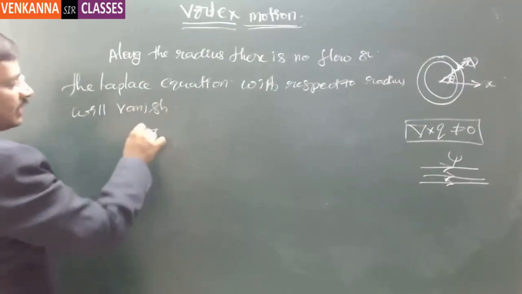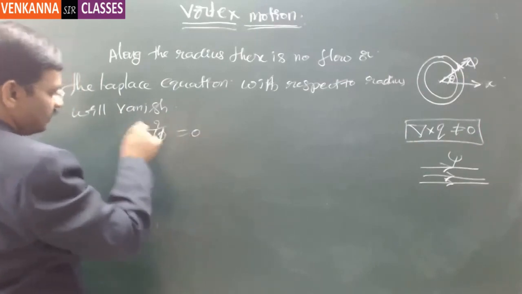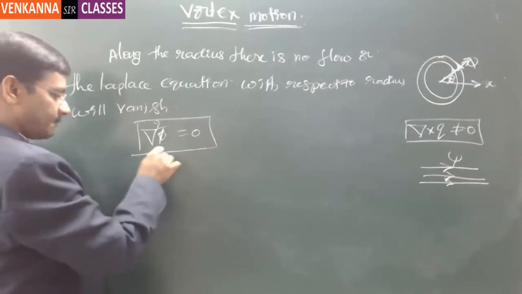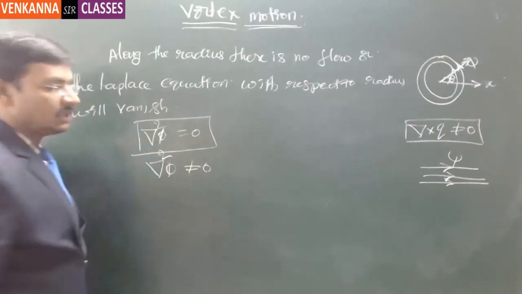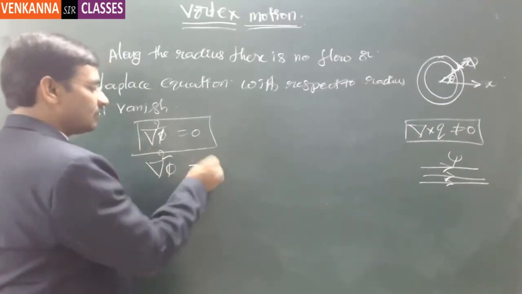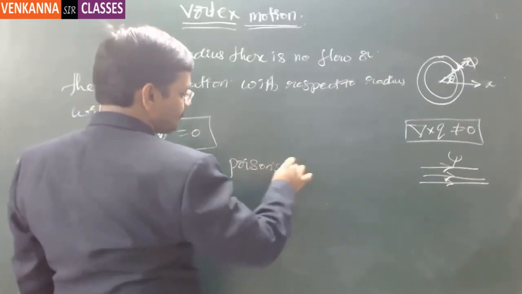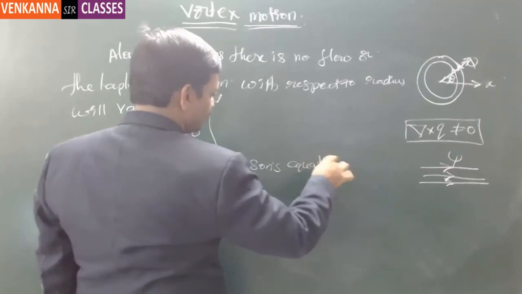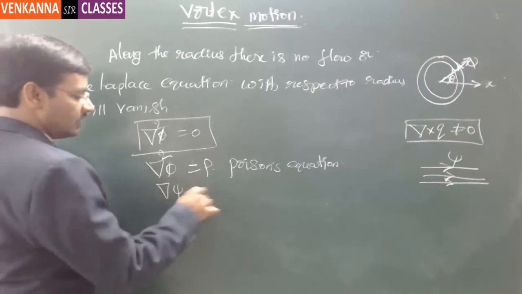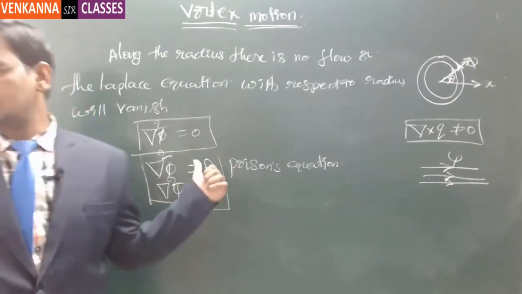Because del square phi is equal to 0 for a potential flow. Similarly, del square phi is not equal to 0 in case of a circular flow, but it should be equal to some constant value. This is what we call the Poisson's equation. The same Poisson's equation is satisfied even with del square psi equal to rho. Both satisfy the Poisson's equation because there is a presence of circulation.